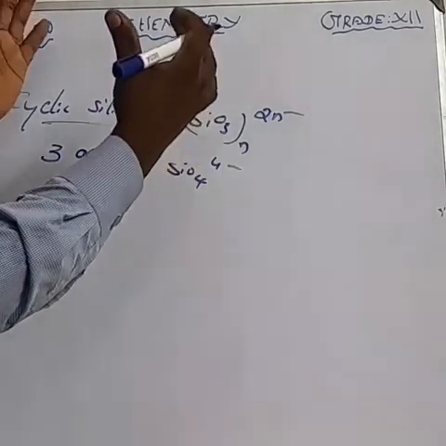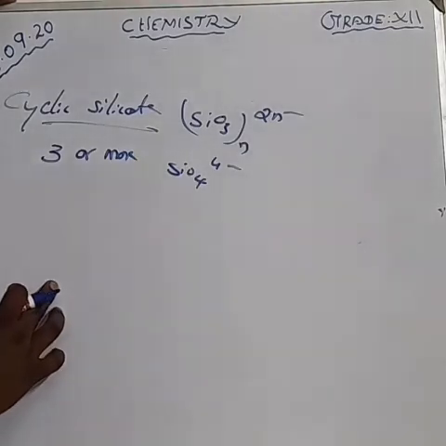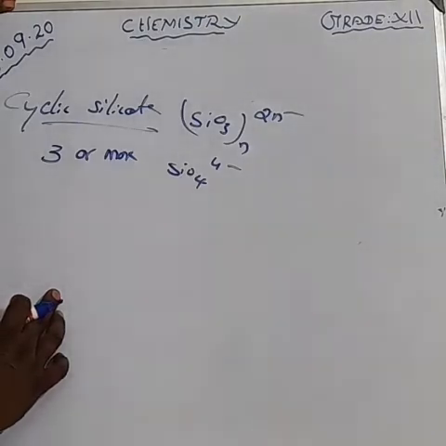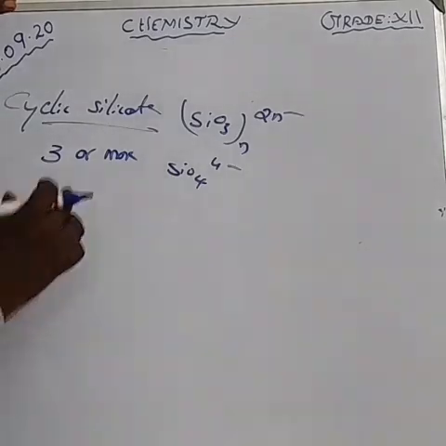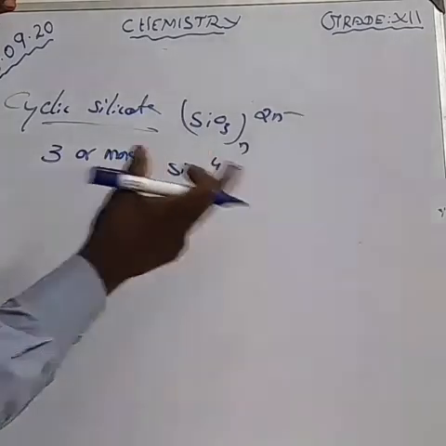They are connected cyclically, one by one joining, to form the cyclic silicate. Here each silicate unit shares 2 of its oxygens. Previously we learned about the pyrosilicate, where 1 oxygen is shared. Here for cyclic silicate, 2 oxygens are shared.